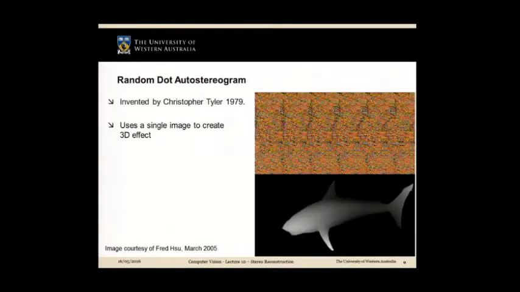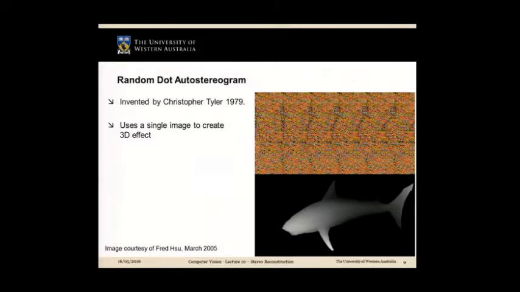So now this random dot autostereogram was invented by Christopher in 1979, and these 3D images were very popular back in the 80s, right? So what they did, they used a single image to create a 3D effect, similar to the way that we have discussed.